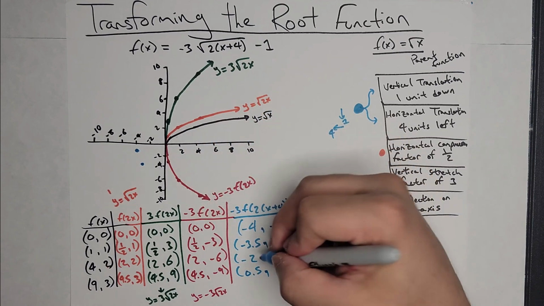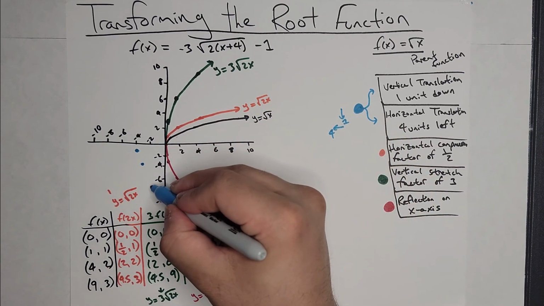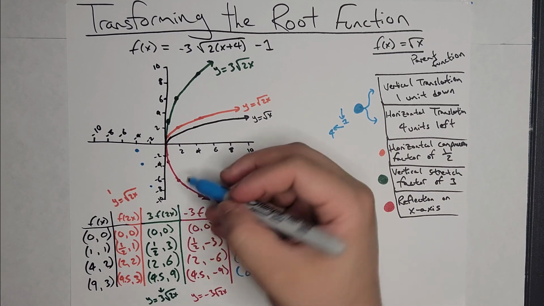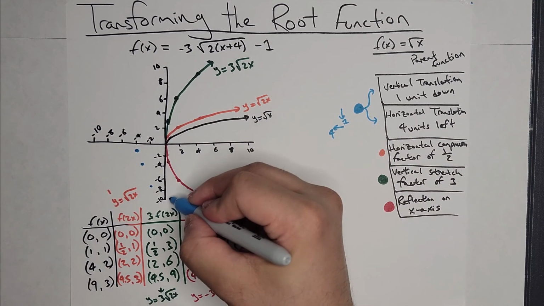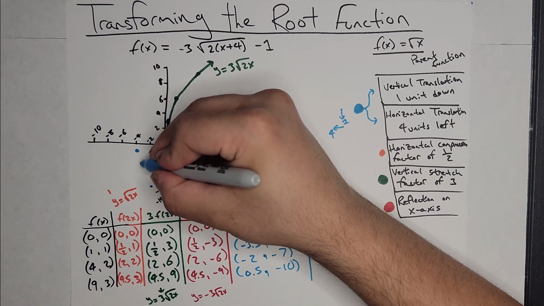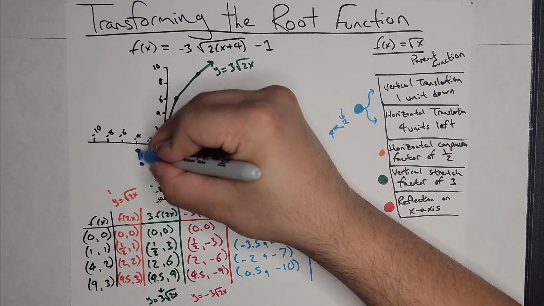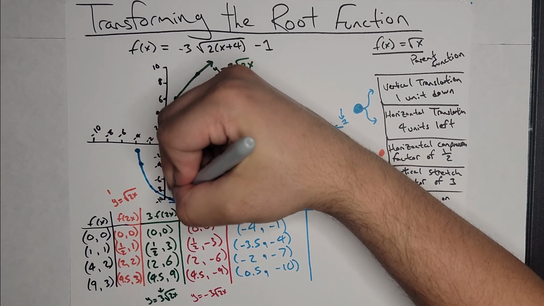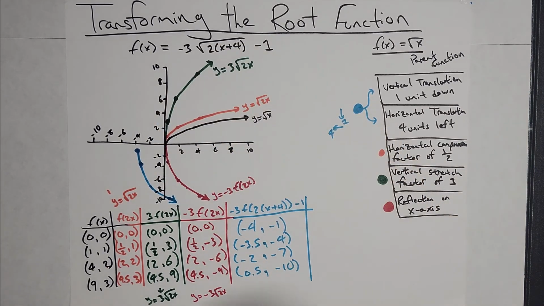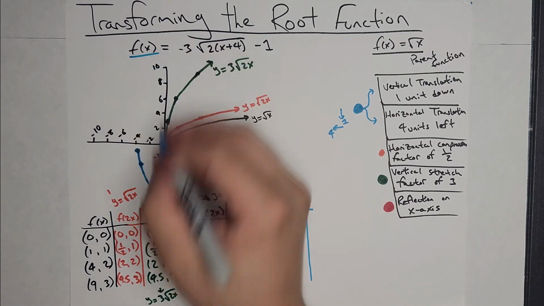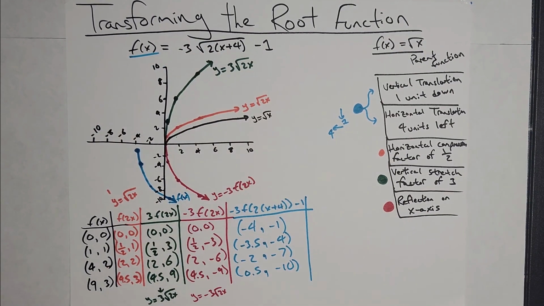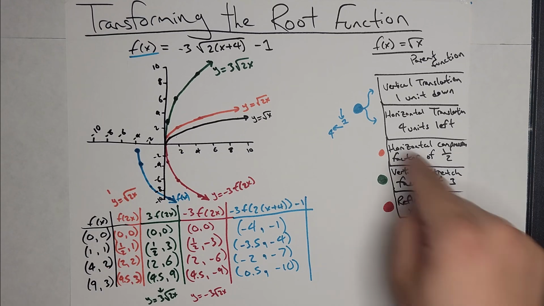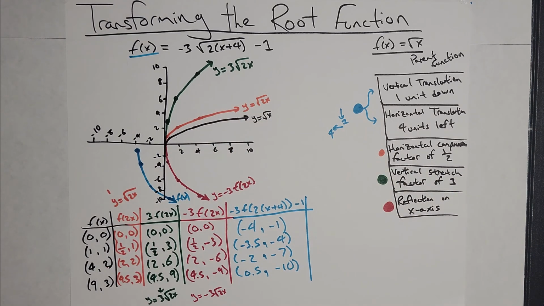I have -2, -7, and then I have 0.5 at -10. And that is my f of x, the original one. So yeah, now we see how step by step we can move the graph.